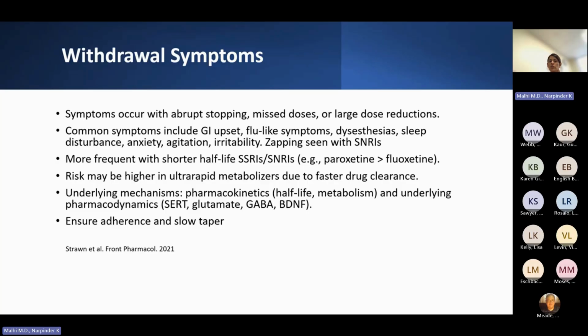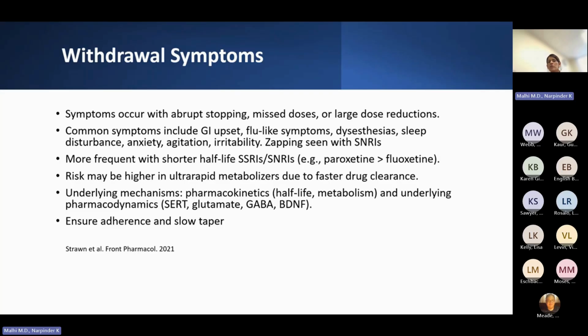So I make sure that the patients take the medication every day. And for patients who are very prone, where I feel like they're not going to take the medication every day, I tend to utilize medications with a higher half-life such as fluoxetine and also collaborate with the parents in making sure that they take the medication on a regular basis.